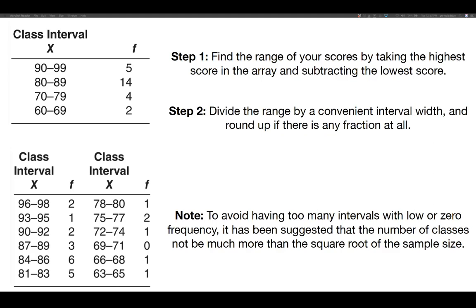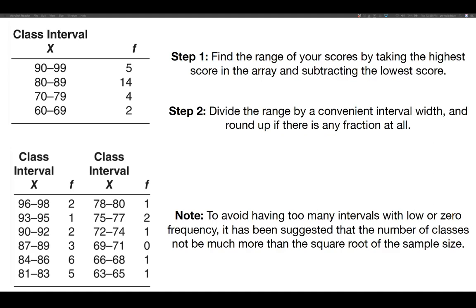And this could be another way of identifying the number of class intervals in a grouped frequency distribution. Another way to help us decide on a class width is to first find the range of the scores by subtracting the lowest score in our distribution from the highest and adding 1.